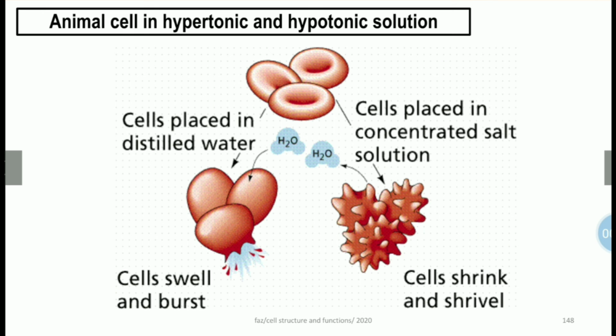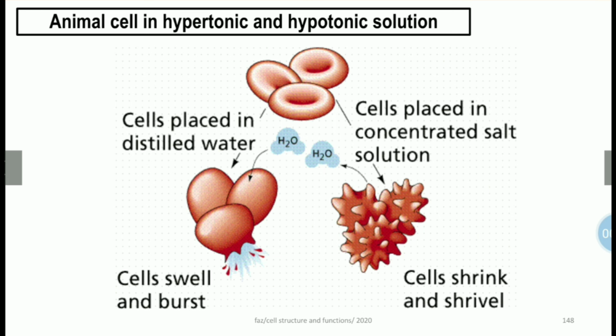So the water molecules from the distilled water will diffuse into the animal cell, resulting in the animal cell swelling and bursting because the animal cell does not have a cell wall.